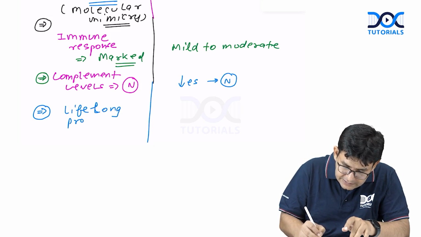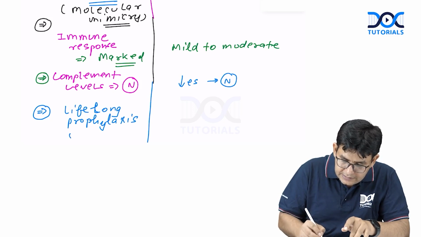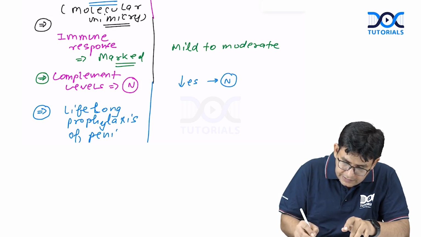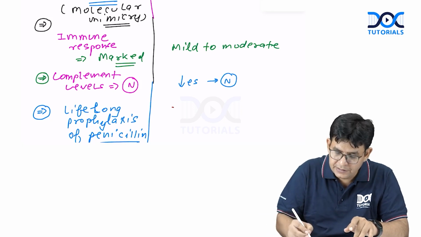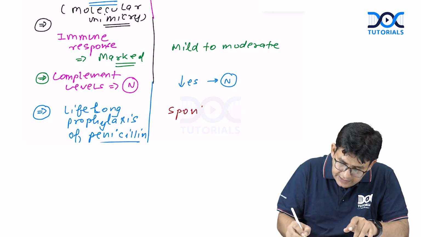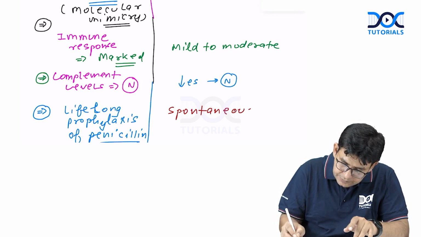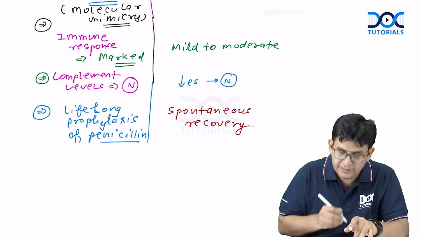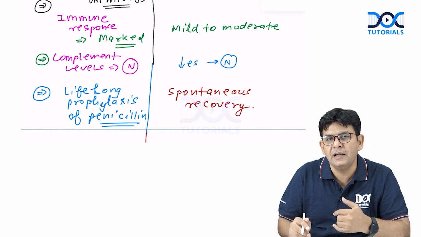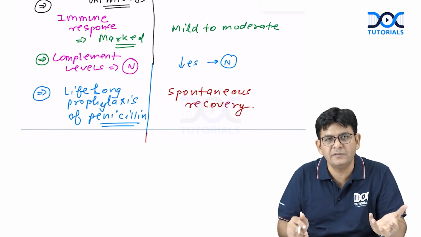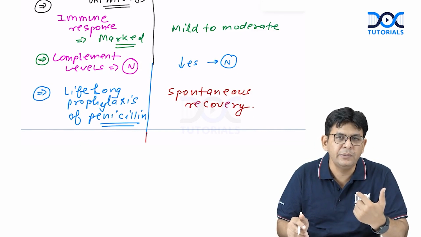Lifelong prophylaxis of penicillin is indicated in the case of ARF, whereas in the case of AGN there is a spontaneous remission, a spontaneous recovery. It means the person had nothing before. That sort of thing happens in acute GN.